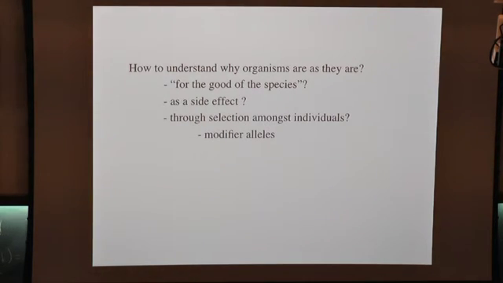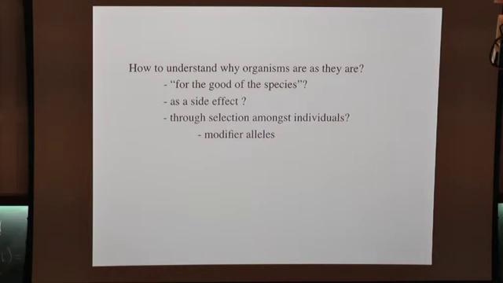So it became clear at this time that we had to have theories that were based on population genetics, that were based ultimately on selection amongst individuals. And a particular approach which turned out to be very important for thinking about evolution of evolvability particularly was to think in terms of modifier alleles. And this is a kind of thought experiment.